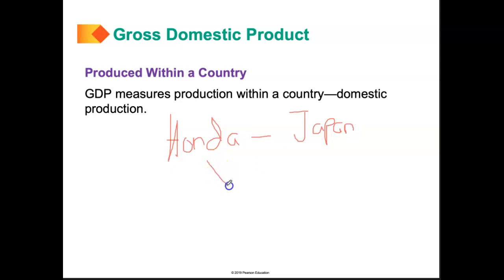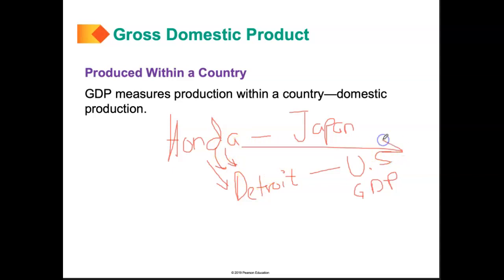But if Honda was made in, let's say, Detroit, it is basically part of US GDP. Why? Because it is actually made in Detroit. So despite the fact that it's actually a Japanese car, it is included in US GDP.